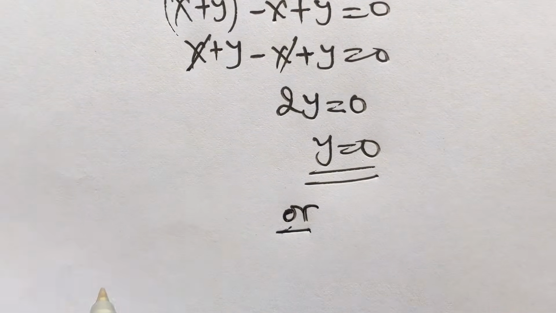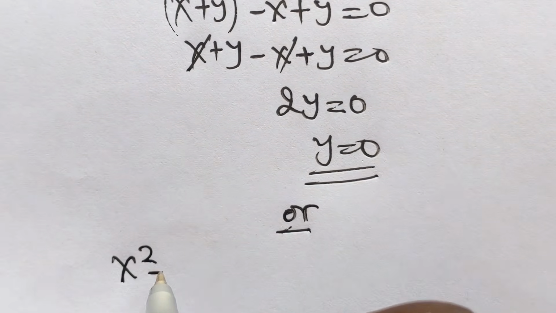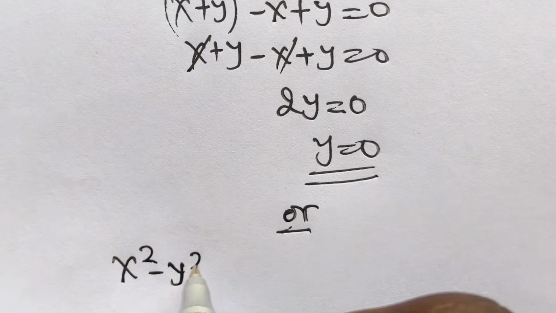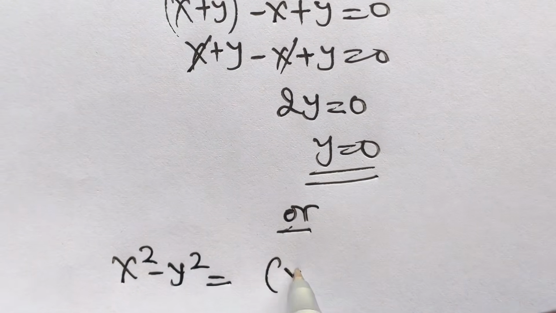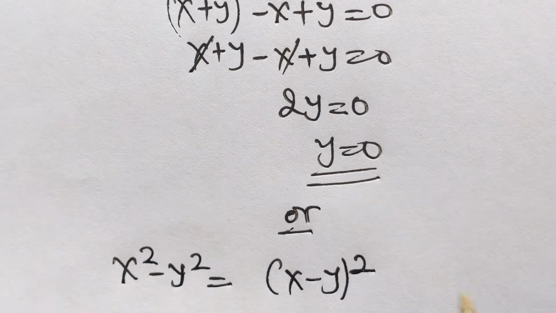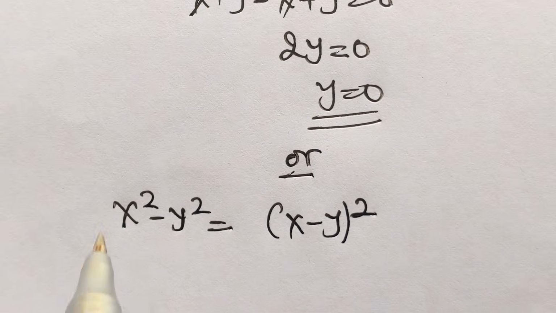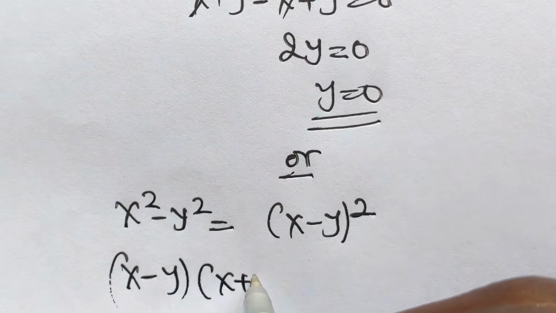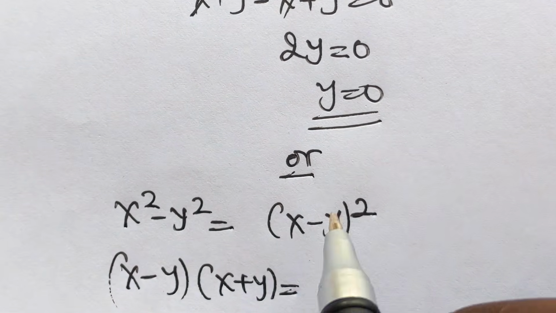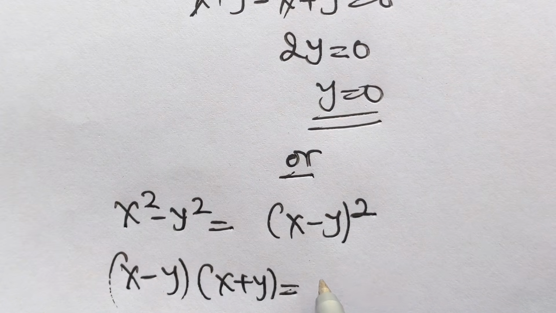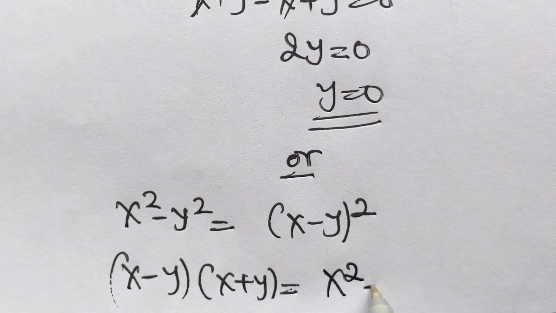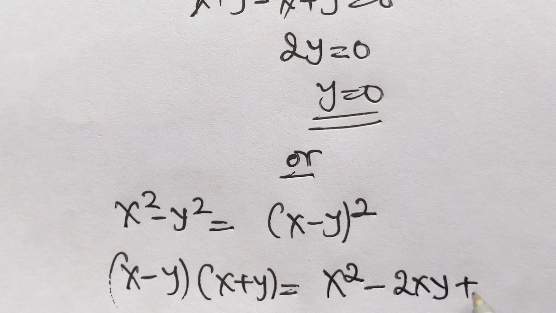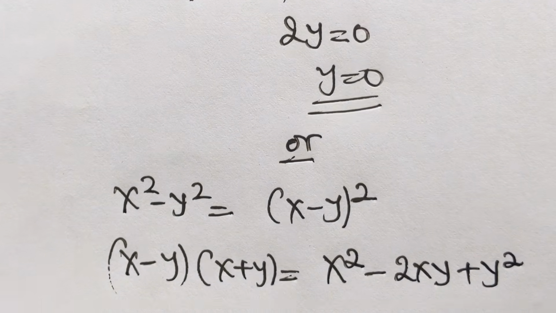Or we can say here x squared minus y squared will be (x minus y) squared. And of course here we have (x minus y)(x plus y), and by expanding this equation you shall get x squared minus 2xy plus y squared.